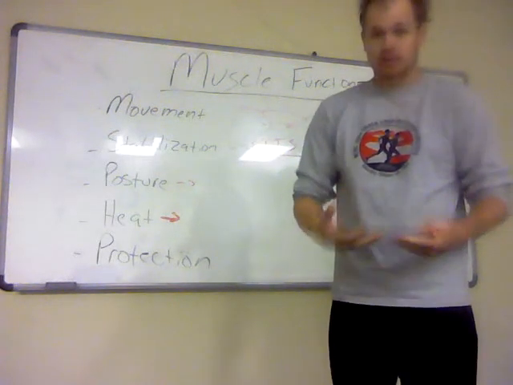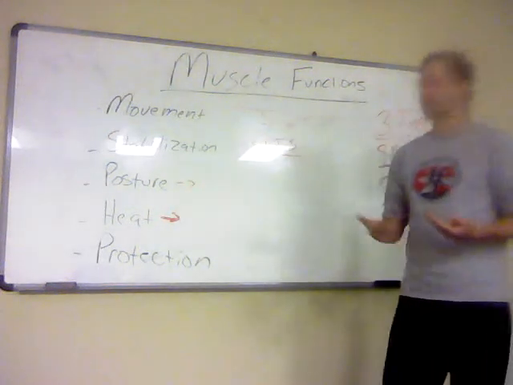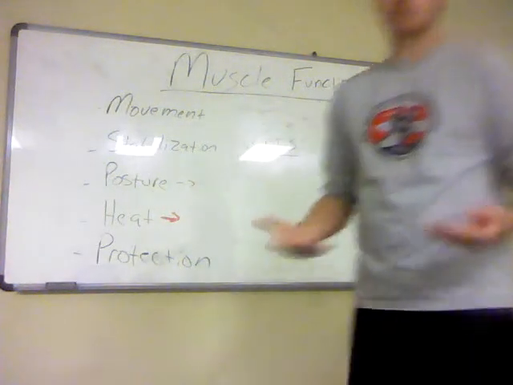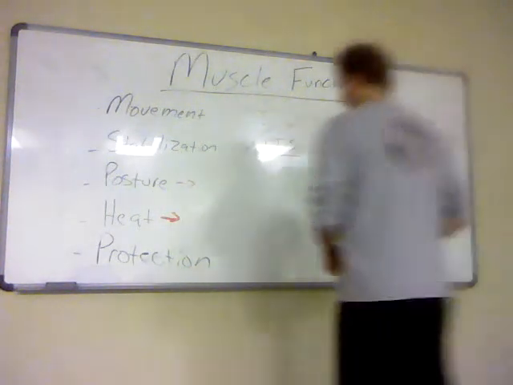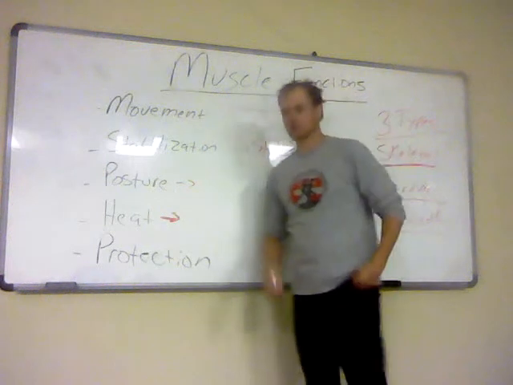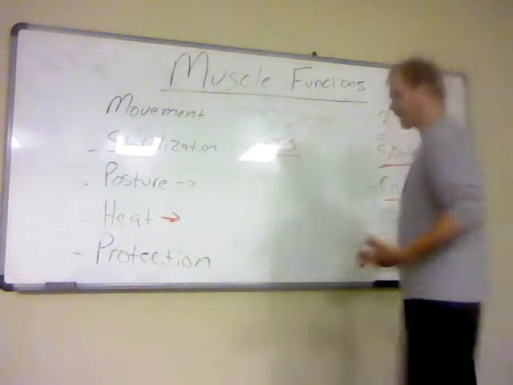Shivering increases the metabolism of that muscle, and as you do that, you're releasing more heat to keep yourself warm. So muscles do generate a lot of heat. Muscles are very metabolically active tissues, and that's an important reason why people need to exercise.